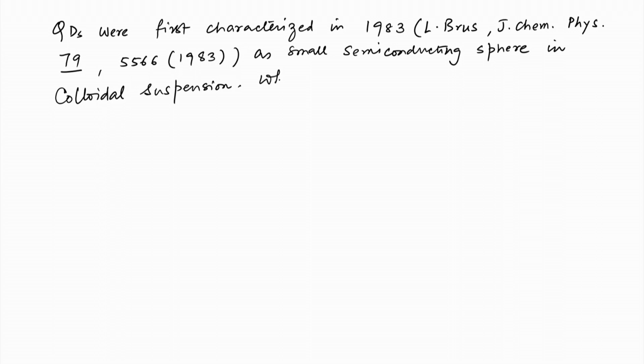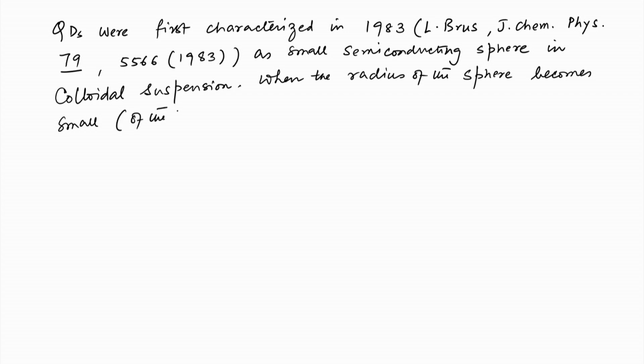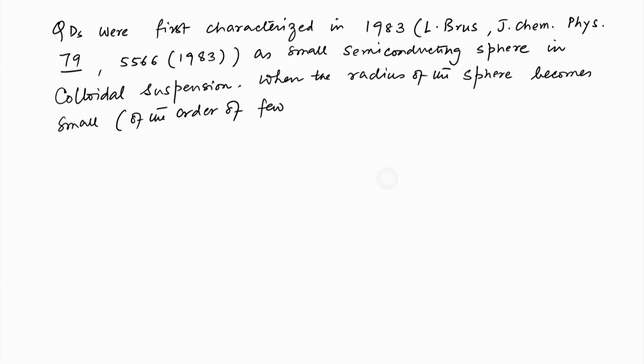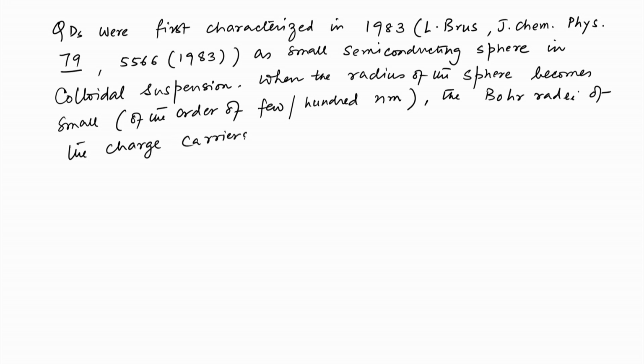So, when the radius of the sphere, that is the semiconducting sphere that we are talking about, becomes small, and how small is of the order of a few to 100 nanometer, the Bohr radii, this is important, the Bohr radii of the charge carriers become larger than the sphere.